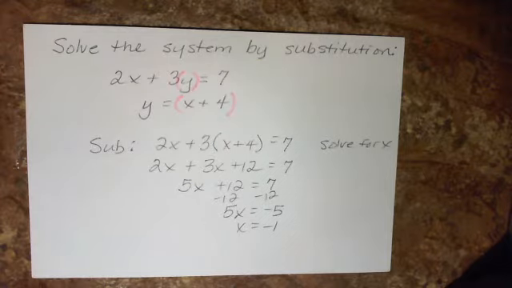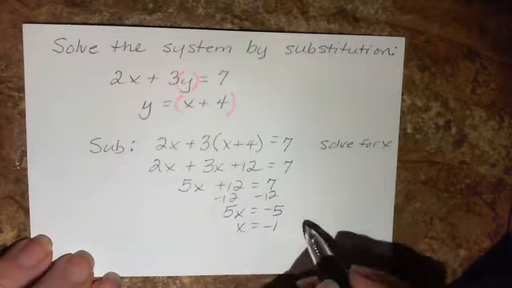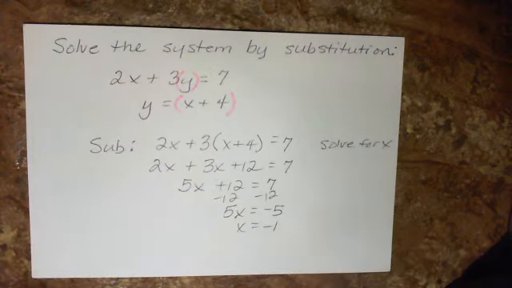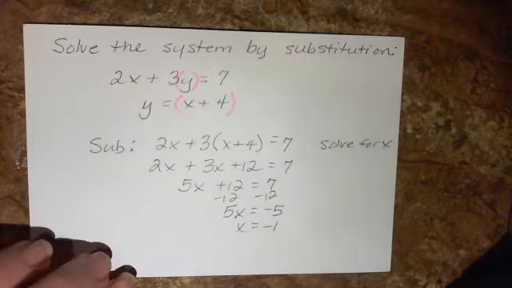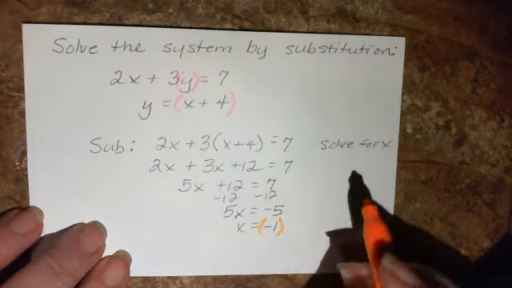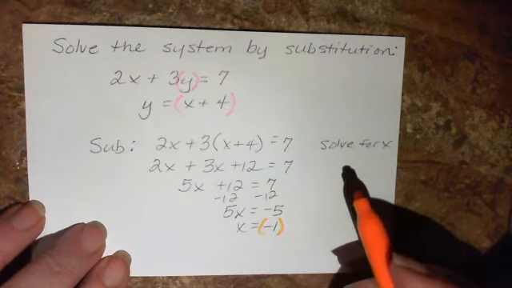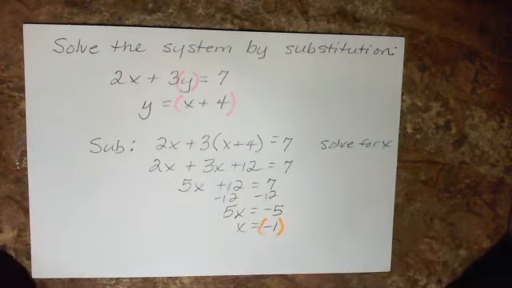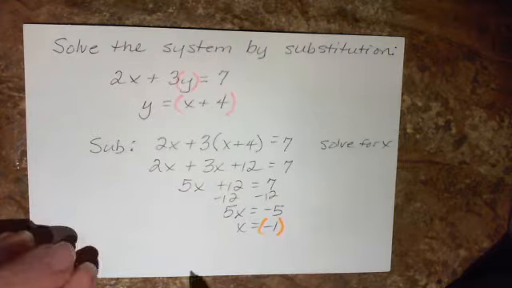Alright, now we're going to substitute again. So now we have a value for x, so we could go back to the earlier equation and substitute for x. Now we could use equation 1 or equation 2, it doesn't matter.